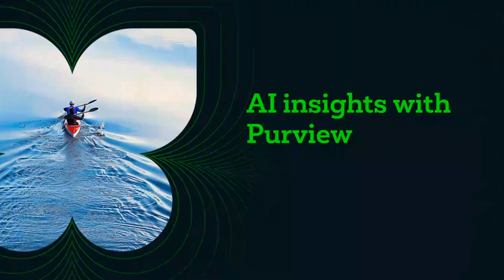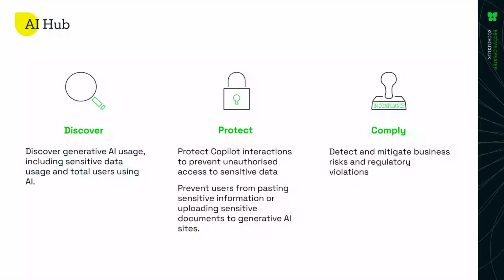So there are other insights that we can bring out from Purview as well, and other controls that are available in Purview to help with dealing with things like Copilot and other generative AI sites and services that are out there. The first one that's fairly new is the AI Hub. The AI Hub has been brought into Purview to help you understand what sort of usage is going on.